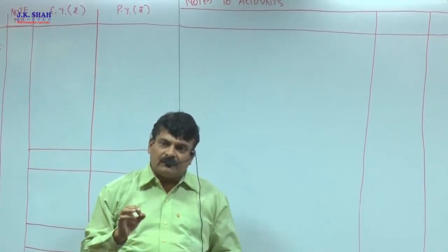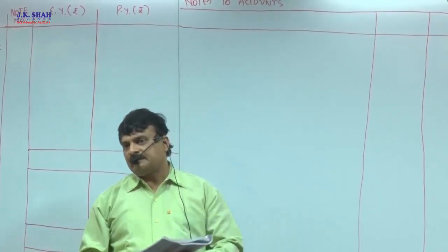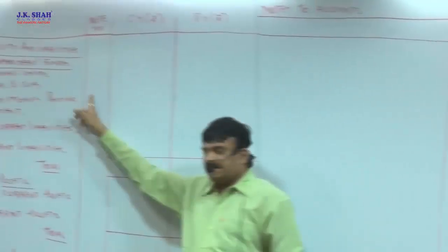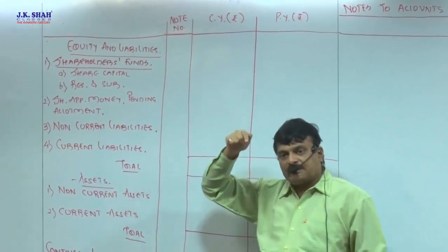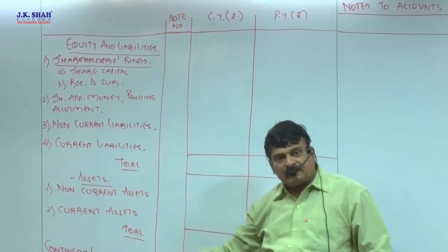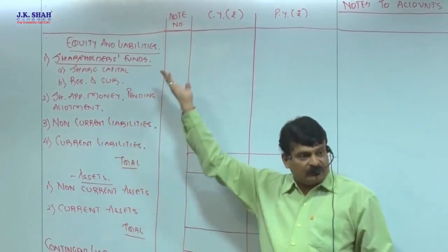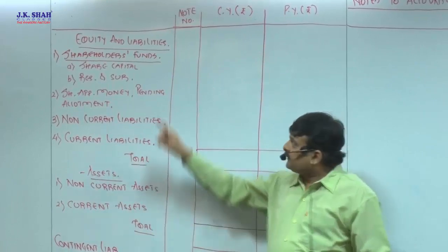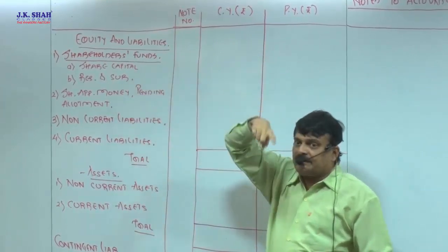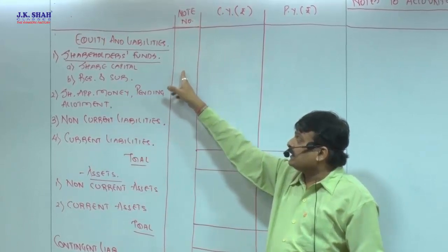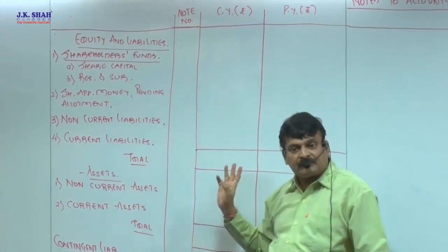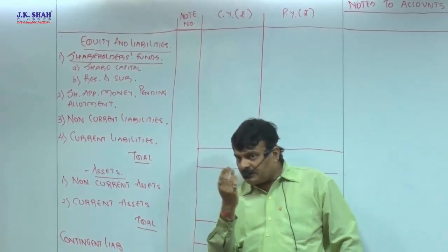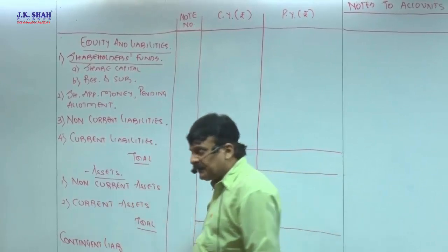Everyone sure? Second step now: we will assign note numbers in your notebook. You prepared the full format, right? This was a condensed format I had shown you, but you copied the full format. Against each item, if it is there in our question, I'll give numbers 1, 2, 3, 4 and so forth. Is this clear, everyone? Keep your notebook and textbook open simultaneously, parallelly.